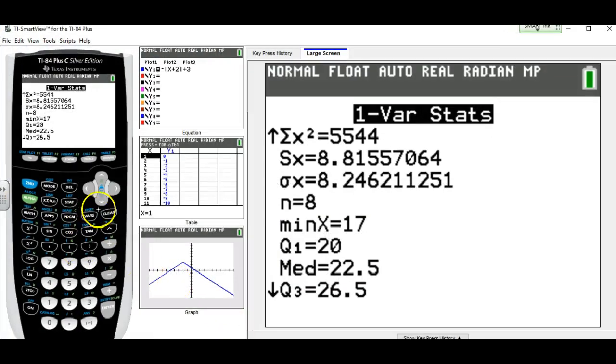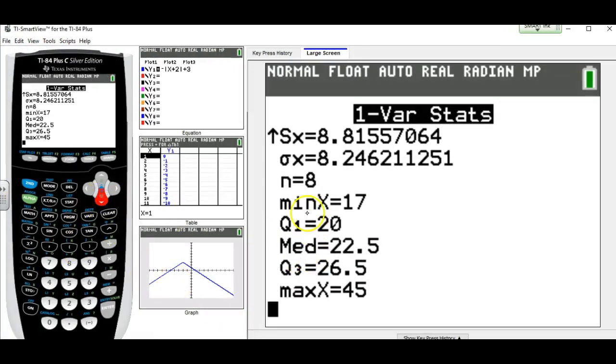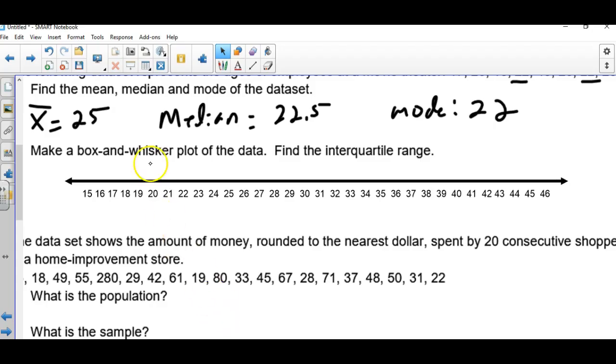If we go back to the calculator, you see your 5-number summary right here: your minimum, your maximum, your first quartile, your third quartile, and your median. So 17 is our minimum, and 45 is our maximum. Let me check.